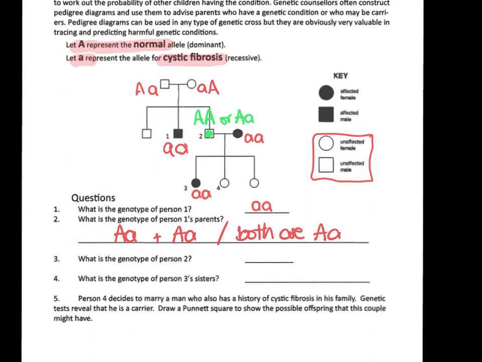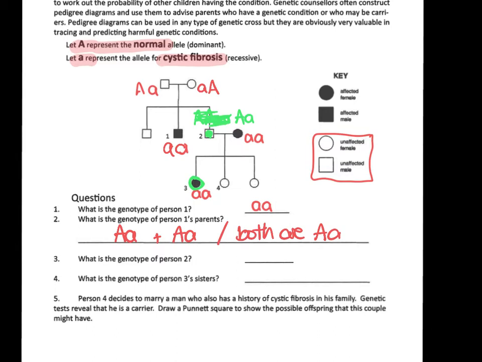But if we look at his children, we see that child 3, that I've just circled in green, is little a, little a. So that means that he has passed on a little a to his daughter. Because he can't be big A, he has to pass on one of those little a's to his daughter.